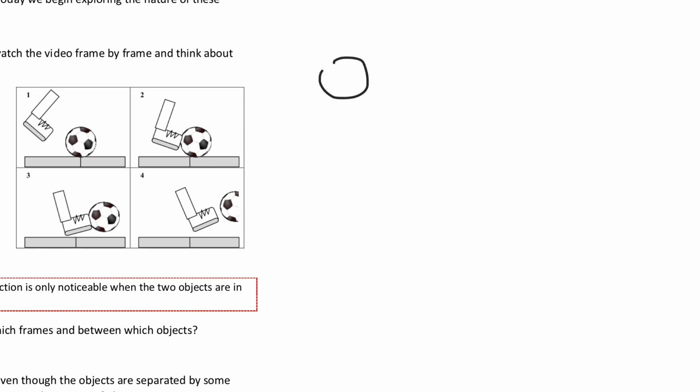So on frame 2, we have the ball, and it's interacting with the ground, and that's normal force because the ground is pushing it perpendicularly upwards. It's also in contact with the foot here.